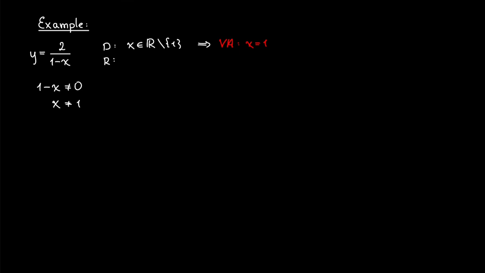So let's plot this on a graph first. Next, let's figure out the range, which will give us information about the horizontal asymptote too. Logically, it is quite clear that we can't get a 0 for the y, because the only way that's possible in a fraction is if the numerator is equal to 0. But our numerator isn't made up of a function, it is made up of just a number 2.